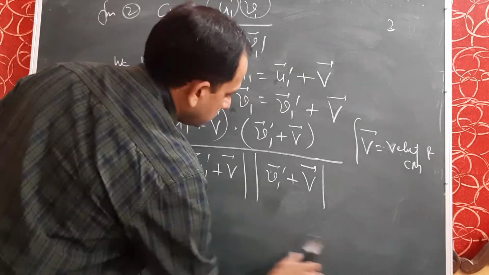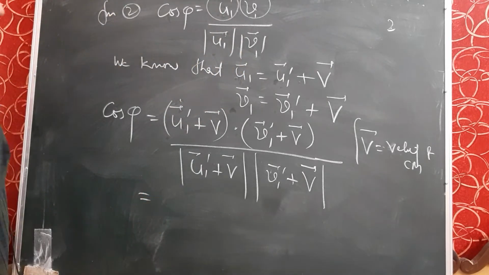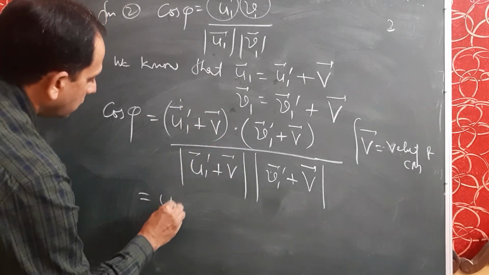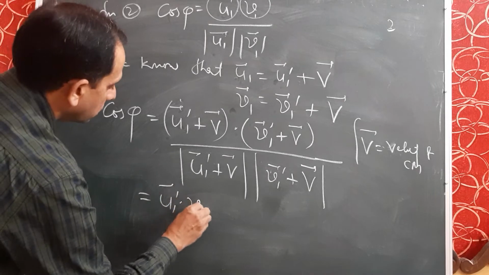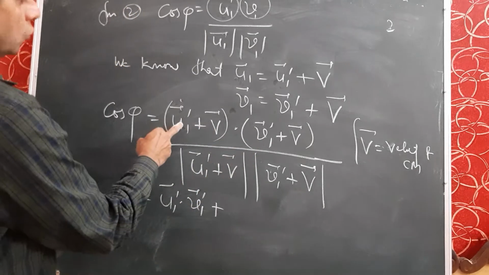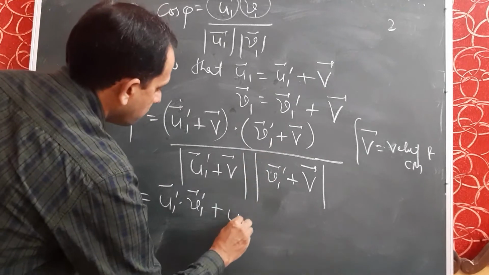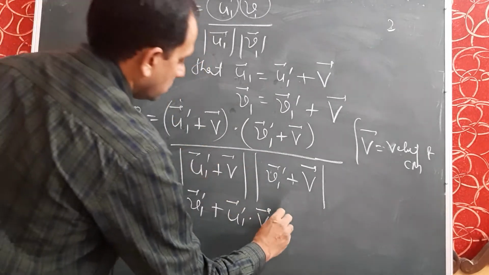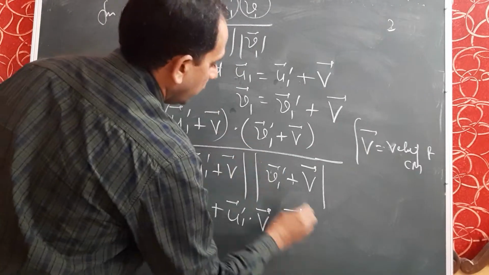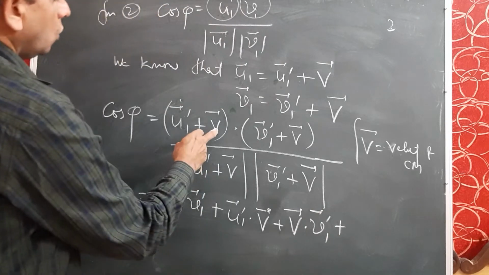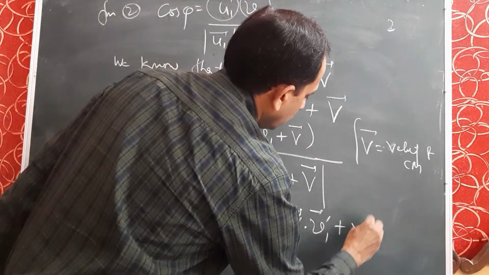Now multiply these terms. First we will get u1' dot v1' plus u1' into V, u1' into capital V, and plus capital V into v1' dot v1', and plus V dot V, that is V square.